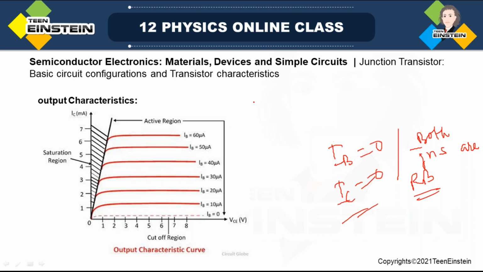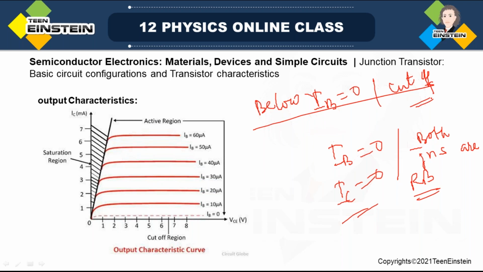That happens below IB equal to 0. That region is called the cutoff region. So there are three regions in these characteristic curves. One is the saturation region, then the active region, and then the cutoff region.